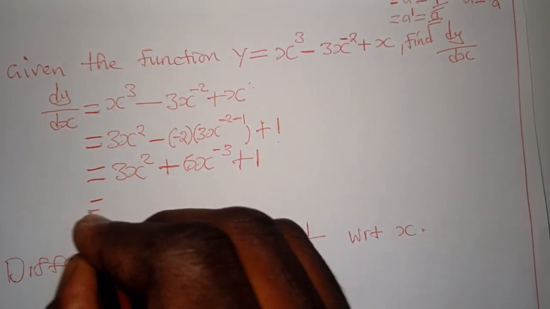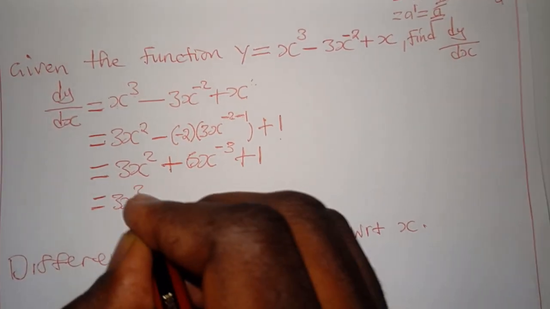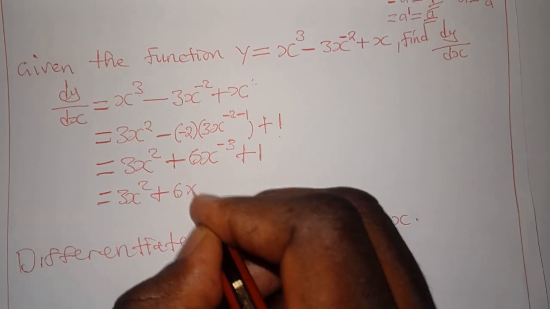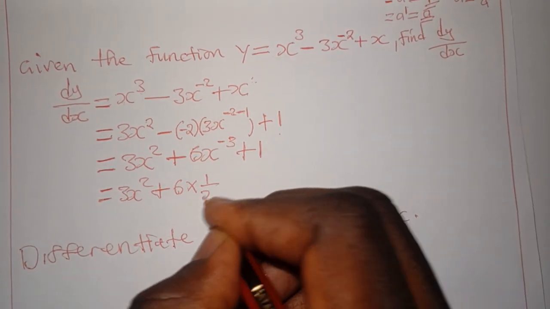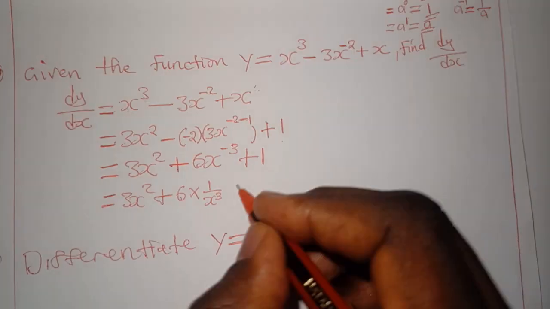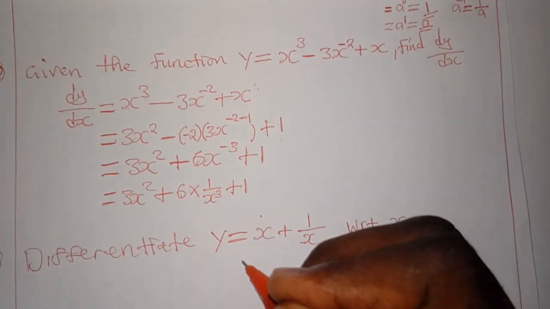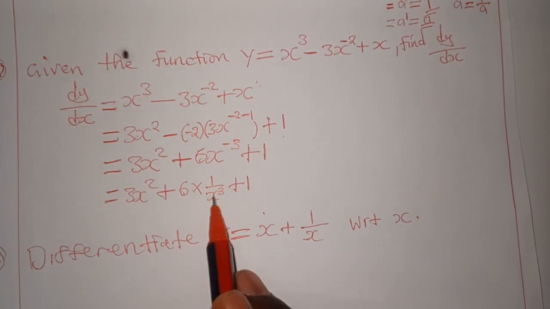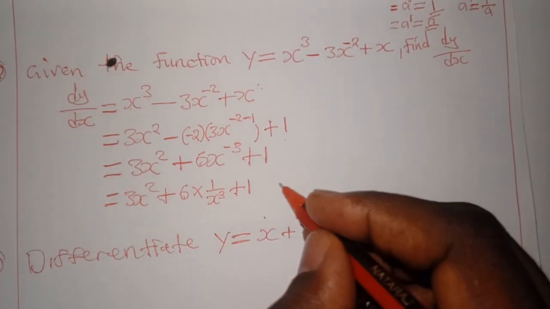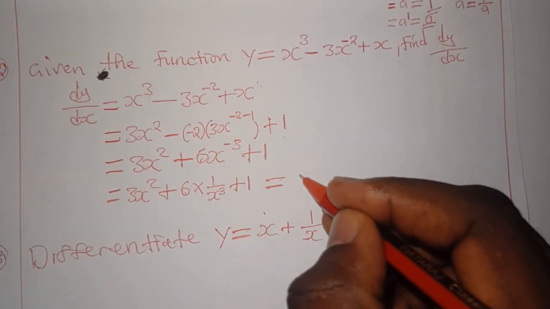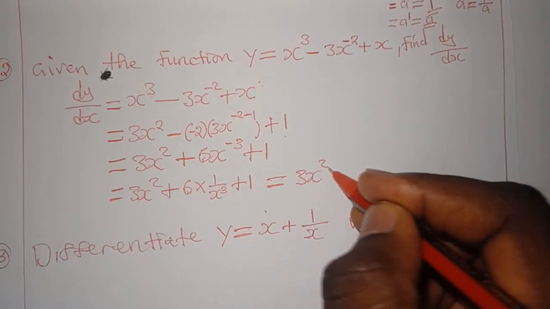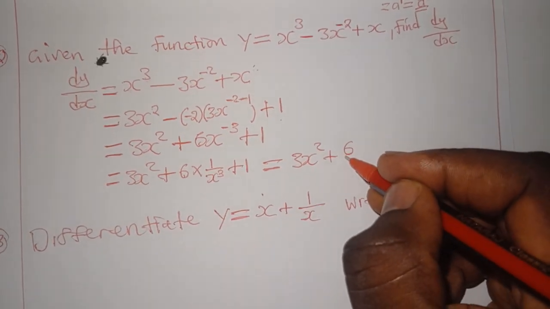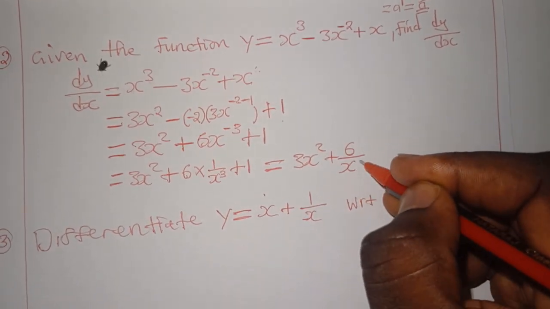When we introduce a 1, we have 3x squared plus 6 times 1 over x to the power 3 plus 1. But this 6 times 1 over x to the power 3 can be written as 3x squared plus 6 on top, over x to the power what?